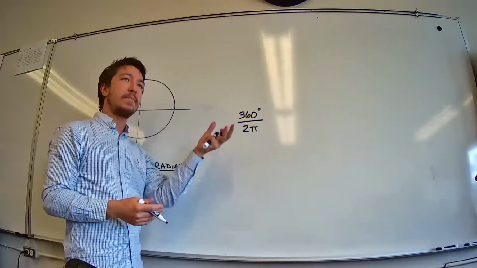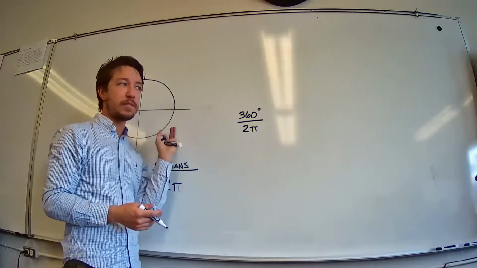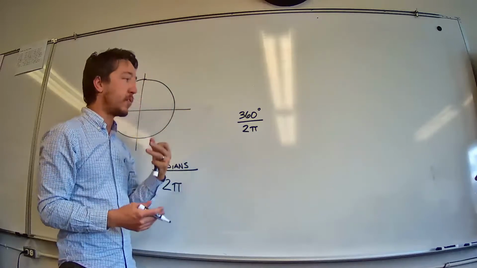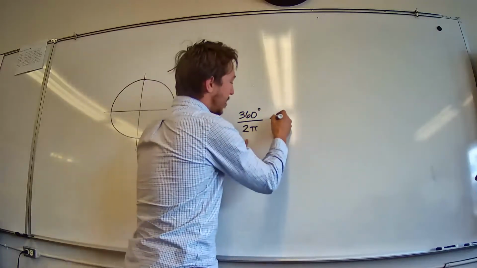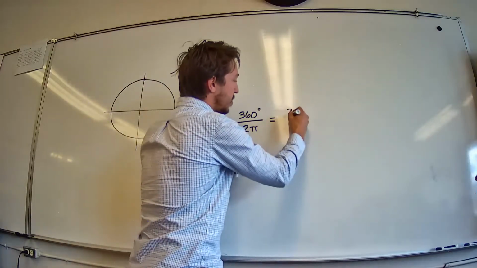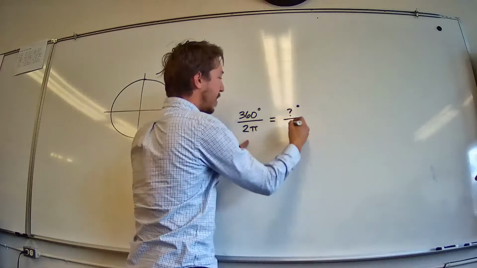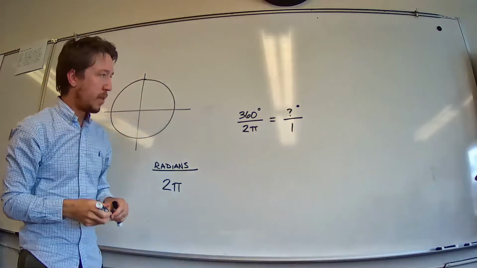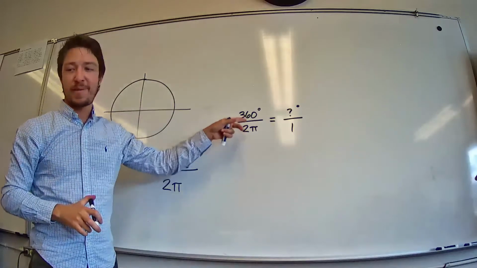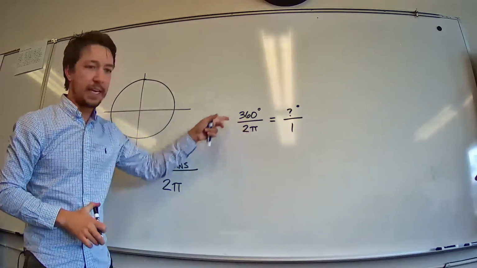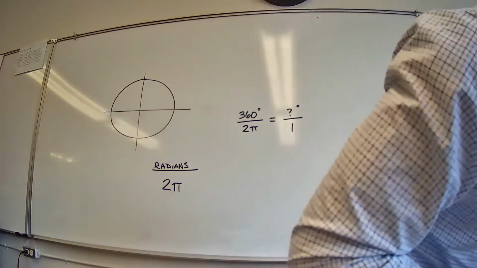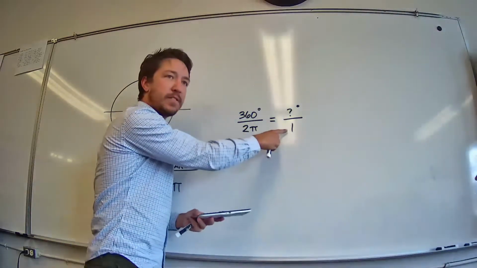Why does that make our life easier when dealing with circles to have radians over degrees? There's a whole bunch of reasons, but if that ratio holds, then how many degrees would be 1 radian? This is back to middle school proportions, right? If I take a calculator, this side's already solved.